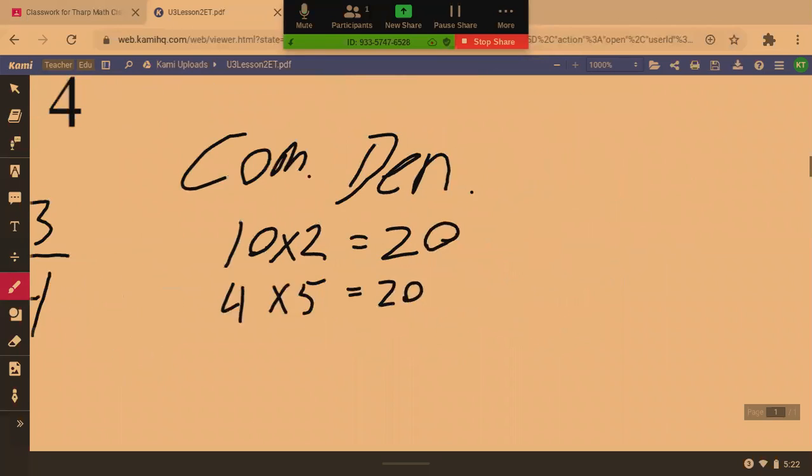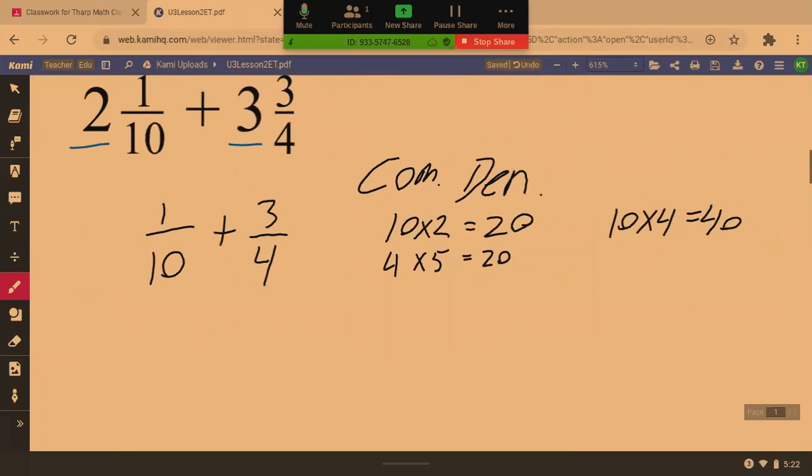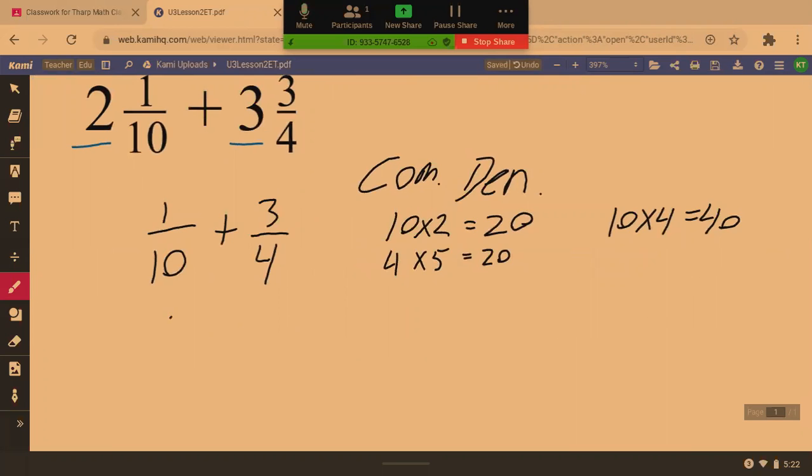Or you could have done 10 times 4 equals 40 and then reduced it, simplified it later at the end. So either one, all roads lead to Rome.